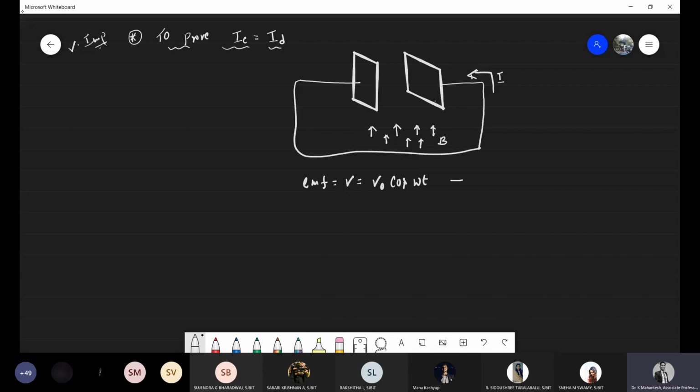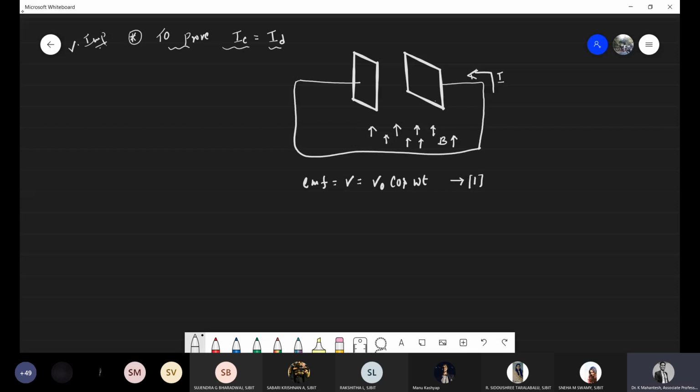This is the equation for a time varying sinusoidal EMF, which is produced due to this varying magnetic field. This is just an assumption here, for the EMF produced due to the varying magnetic field in this closed loop.